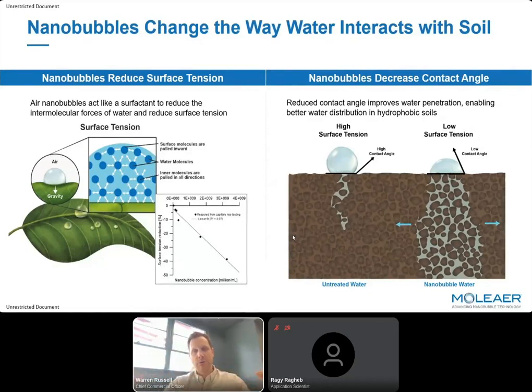Increasing that lateral movement is what we see, again, utilizing soil sensors, particularly stake sensors, which we're very partial to, where we can actually track by the inch or by the centimeter going down through the soil column and actually seeing how this water is changing its behavior.